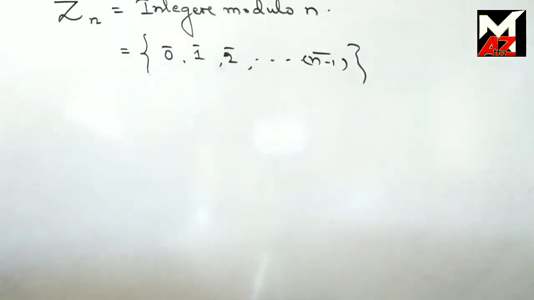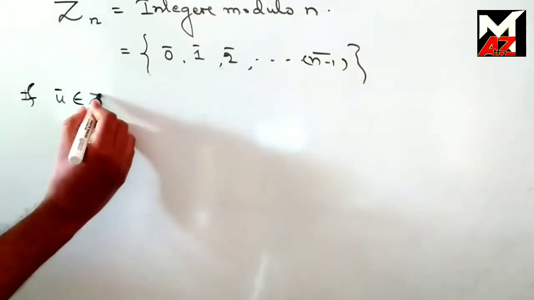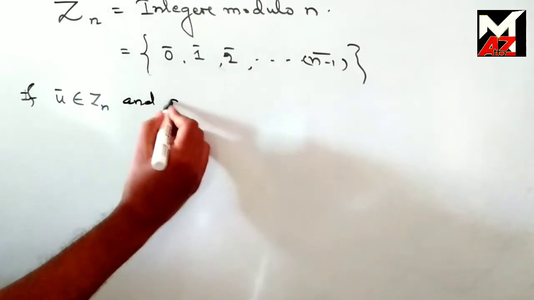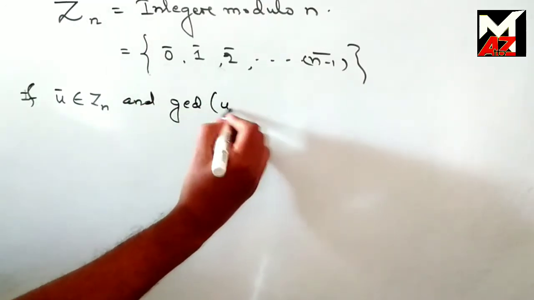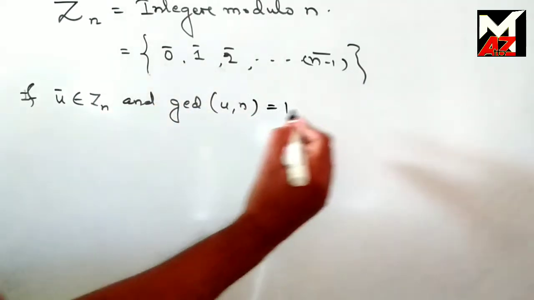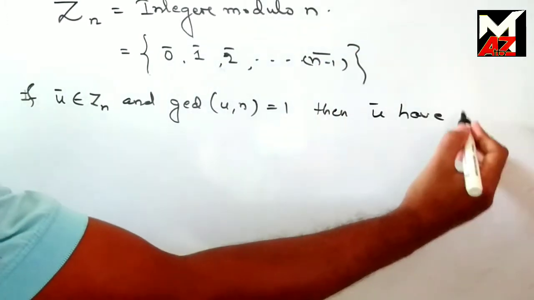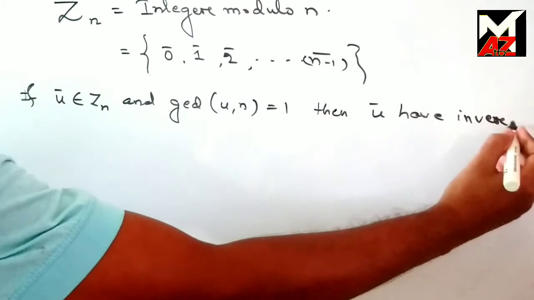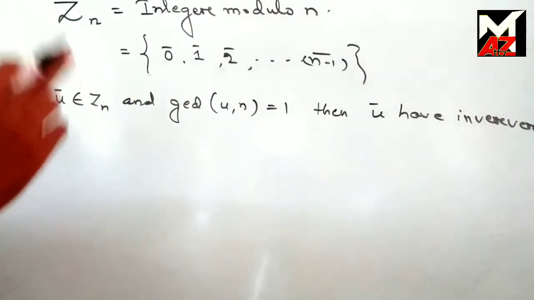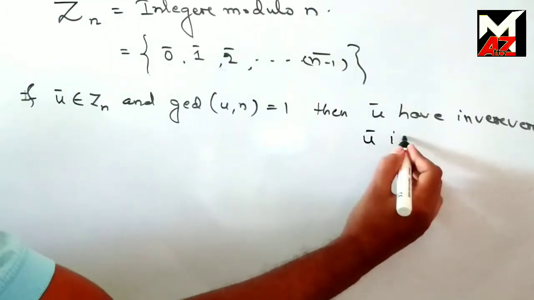The property is, if ū belongs to Zn and GCD of u, n equals 1, that is prime to each other, then ū has an inverse. And any element in a group which has an inverse is called a unit element, that is ū is a unit.